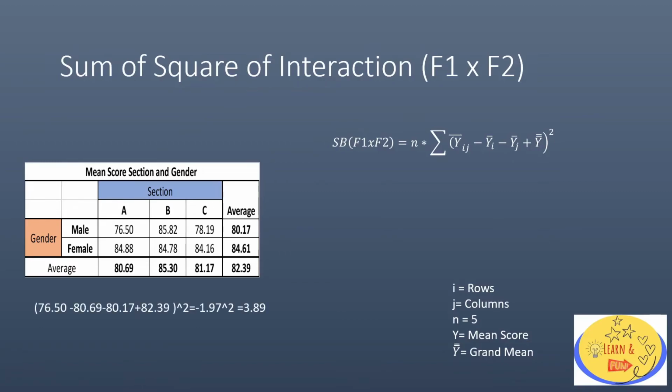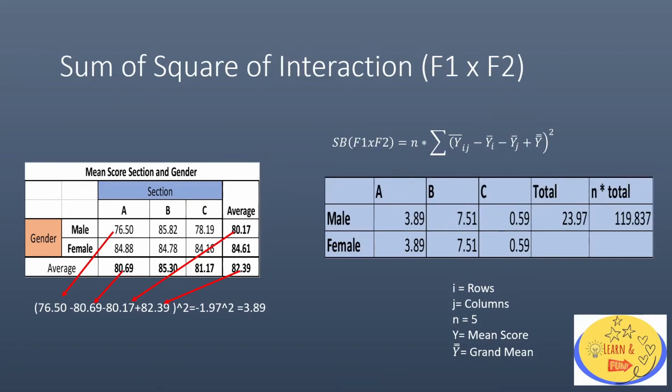So here you can see that it is 76.50 minus this one representing section A, and then you are finding this which is representing male, plus the grand mean. So that value is around 1.97, square it, and that gives you 3.89, and this 3.89 is presented here.